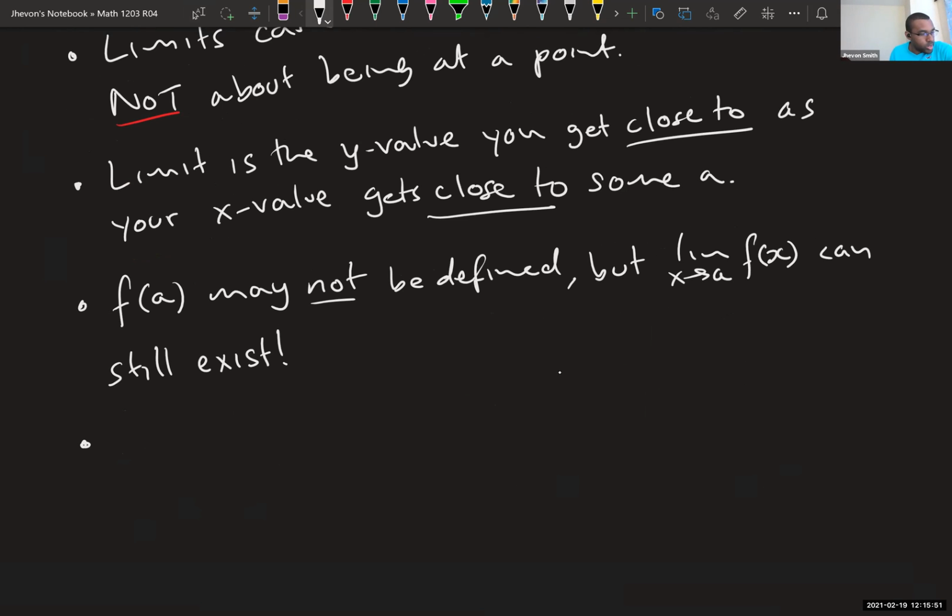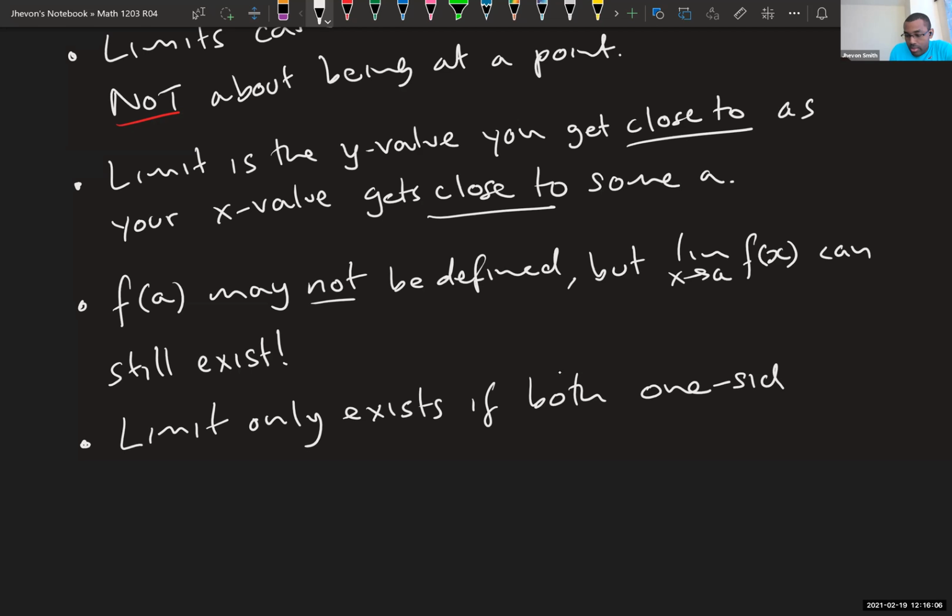What else do I want to make sure? A limit only exists if both one-sided limits exist and agree, right?